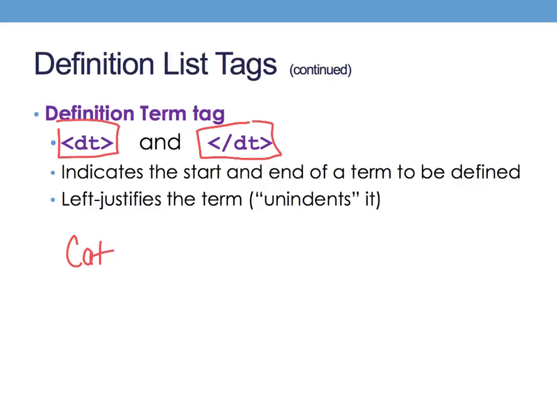So something to look at here is that it left justifies the term, which means it brings it all the way to the left-hand side of your page because it's going to indent the definition portion. So the terms are always left justified, and then the definitions, which we'll see in just a second, are always indented in right after its corresponding term.